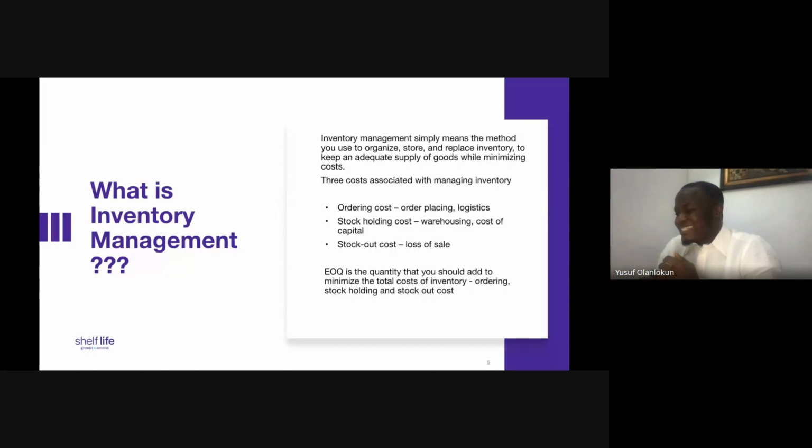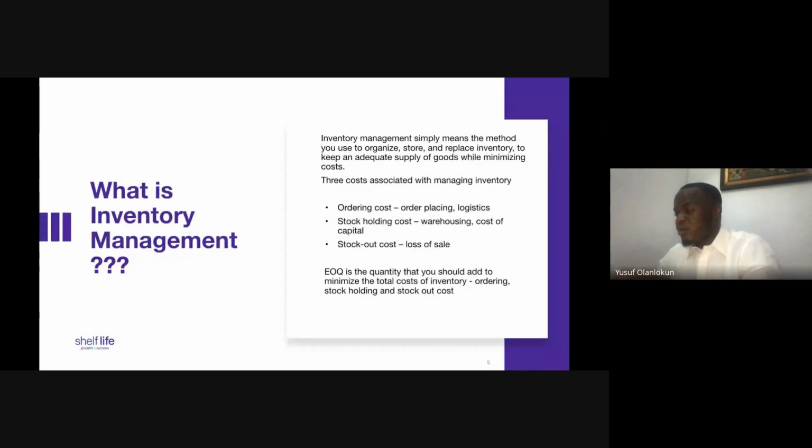So apart from the risk of expiration of that product, if you are not able to deplete it before it expires, there is also stock holding cost, because you are tying down capital that you could have used for something else, or maybe diverted to keep inventory of other products that you are likely to stock out of because you don't have enough capital. So it's important that you pay attention to that cost.